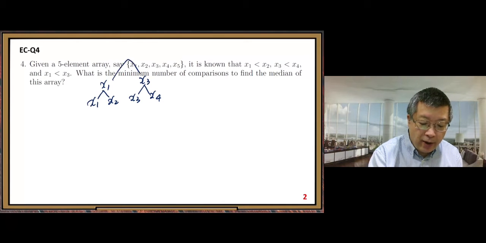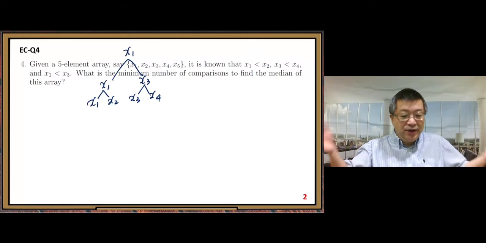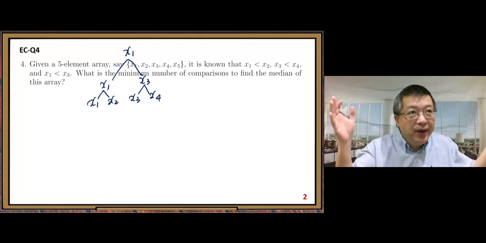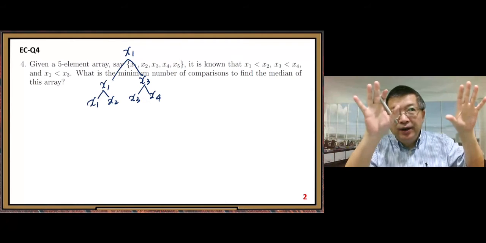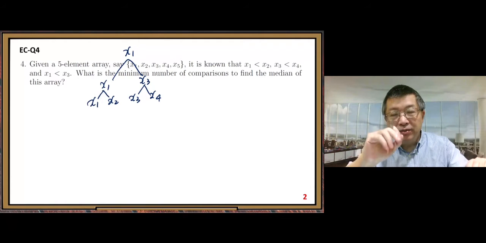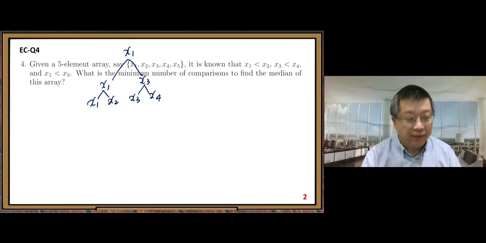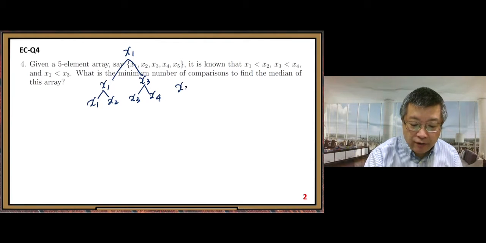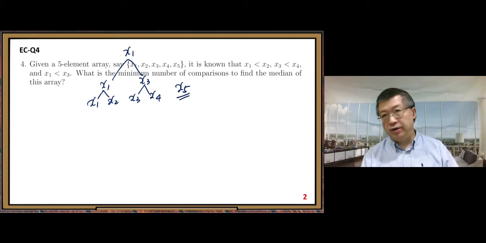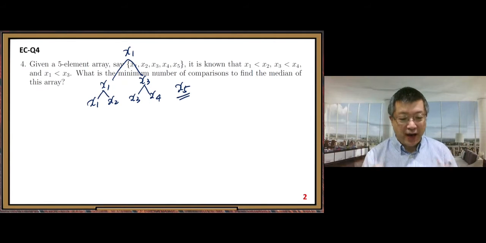When we compare x1 and x3, x1 is smaller. So you typically get the relationship among these elements in this diagram. But for x5, you don't have any information. Larger, smaller, you don't have any information.